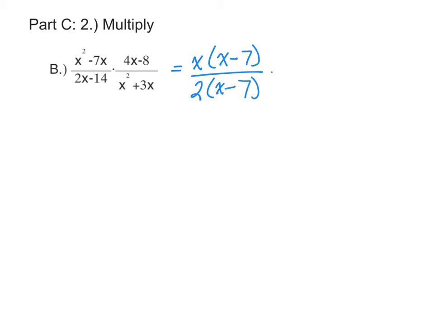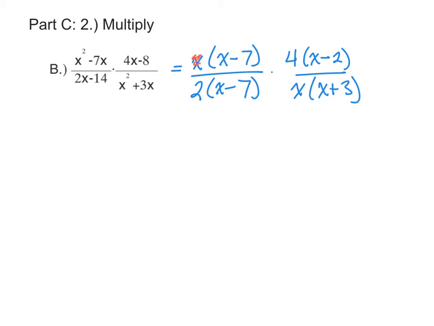In the next fraction, 4x minus 8, we can factor out a 4, leaving us with x minus 2. And in the denominator, x squared plus 3x, we can factor out an x, leaving us with x plus 3.